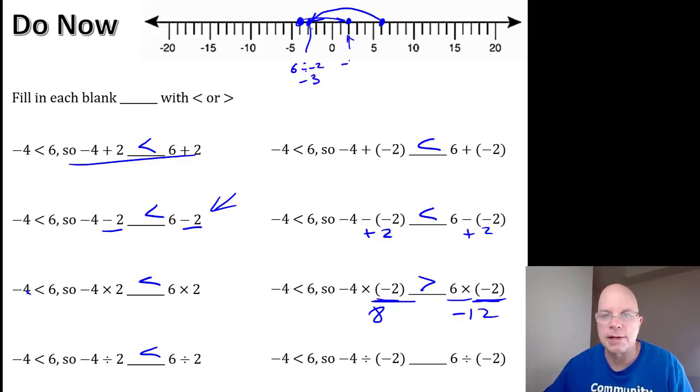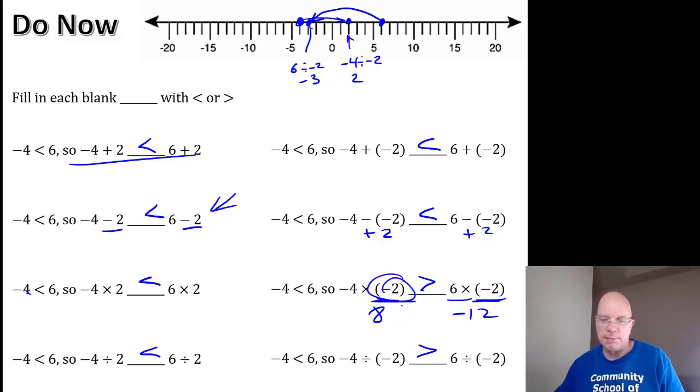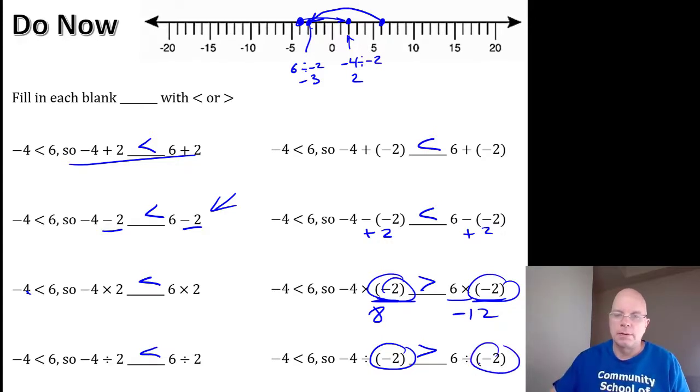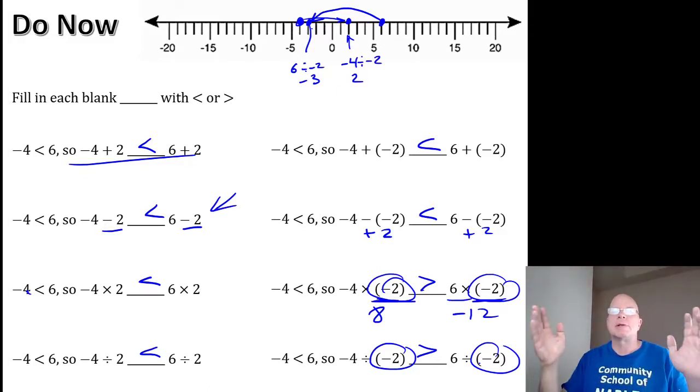This is negative 4 divided by negative 2, positive 2. And so now, again, this becomes greater. If you multiply or divide by a negative, the inequality flips. Less than becomes greater than. And it makes sense because if you multiply by a negative, you're taking the opposite.